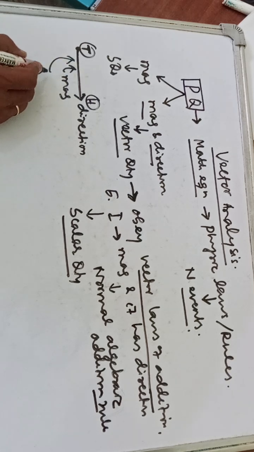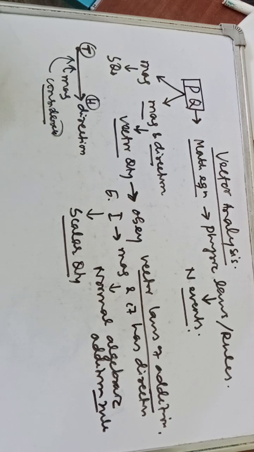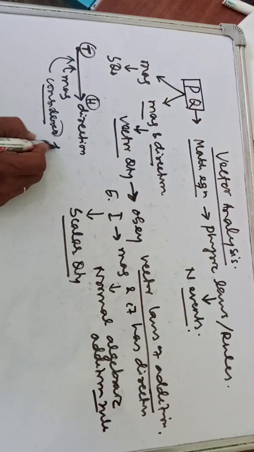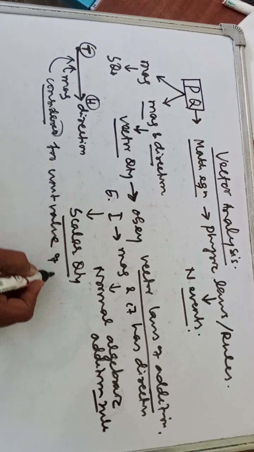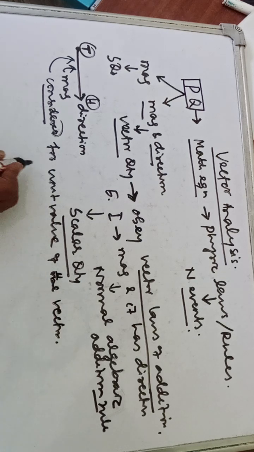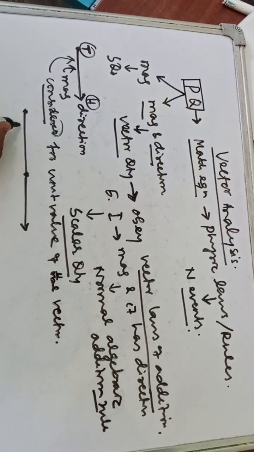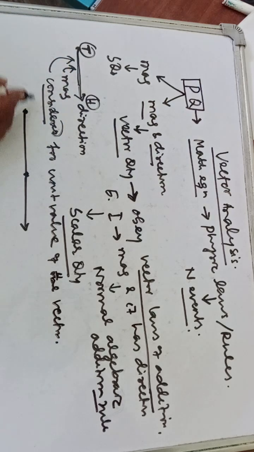The predefined length of this arrow is considered for the unit value of the vector, and accordingly the complete length of a vector is a multiple of this unit length.